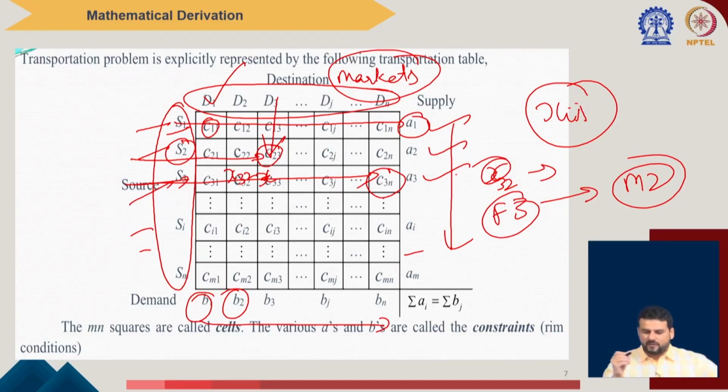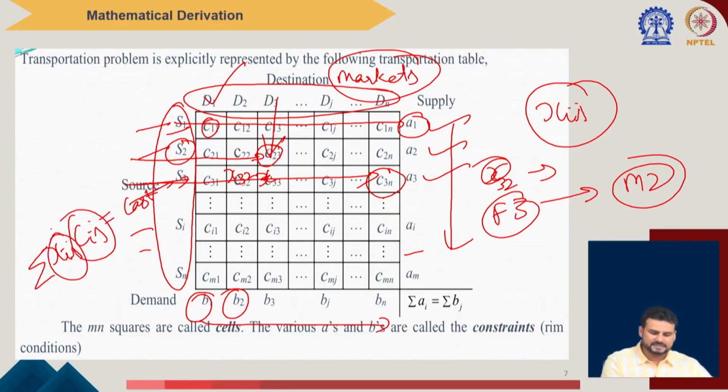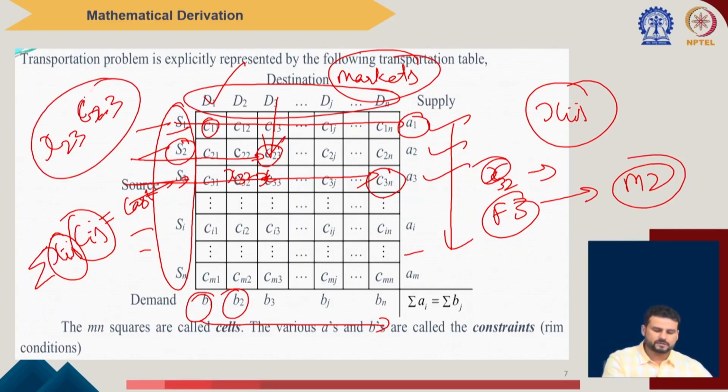If I want to design this objective function of cost, it is the number of units I am shipping from i to j times the cost from i to j, and that gives the total cost. If I am shipping x23 units from factory 2 to market 3, and the cost of shipping per unit from factory 2 to market 3 is C23, then the total cost will be x23 multiplied by C23.